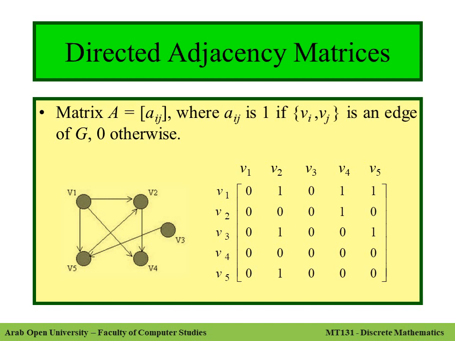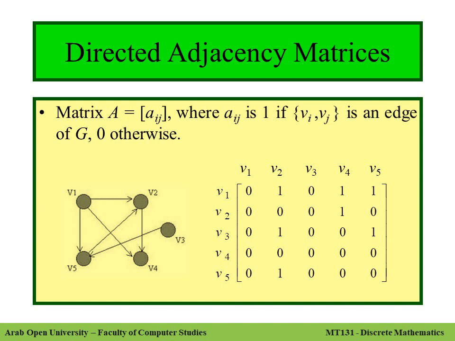Now, because this is a directed graph, you need to start with the column. Anytime you have a directed edge from a vertex in the column to a vertex in the row, you record 1. If there is no directed edge from the vertex in the column that goes to a vertex in the row, then you record 0.